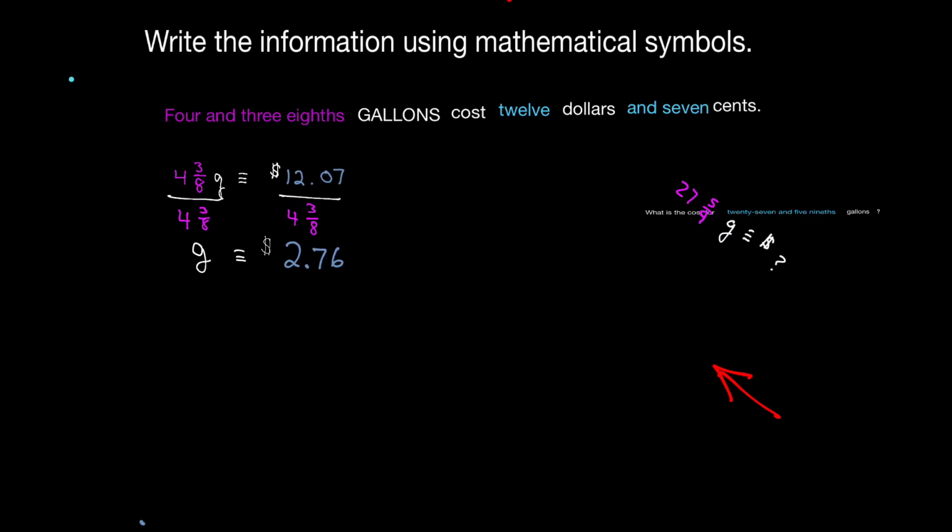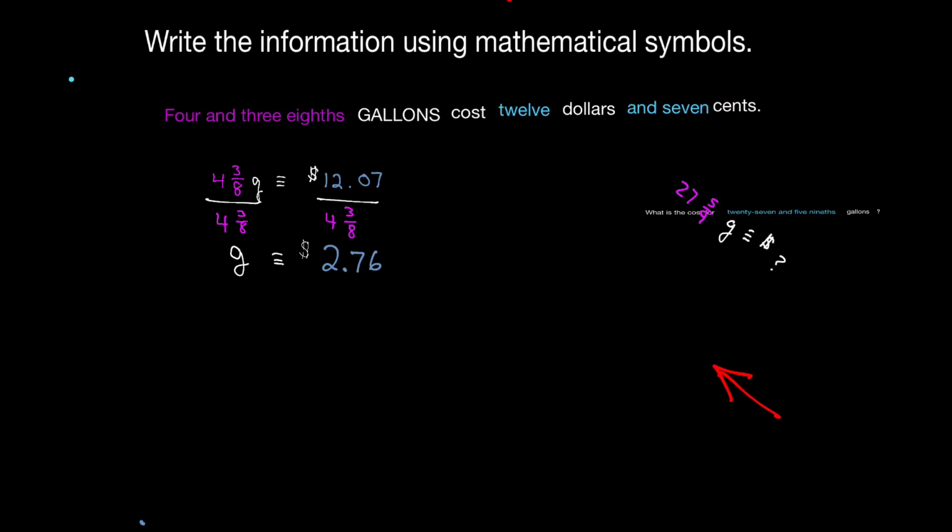Now I know what 1 gallon is, so I can look back at the question. The question is, what's the cost for 27 5/9? And I know now what 1 gallon is, so I'll need to multiply this, because I've got to change the 1 into 27 5/9. So I'll multiply this with 27 5/9, and I'll multiply this with 27 5/9.